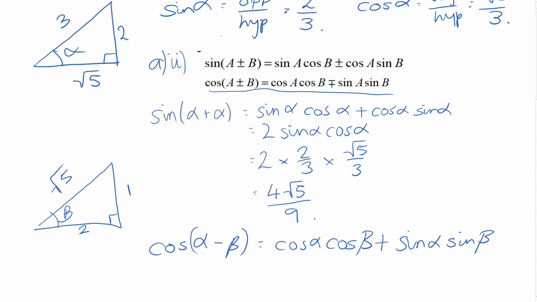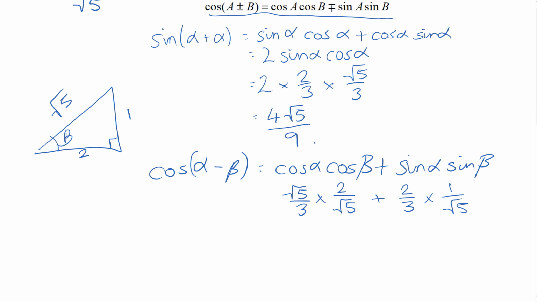So each of these things are exact values that we can now find. So cos of alpha we've already got from the previous part of the question is root 5/3. Now that's being times by cos of beta. Now cos of beta is going to be cos, which is adjacent over hypotenuse, so 2 over root 5. And we're adding to that sine of alpha, which we've got from the previous part, 2/3, and we're multiplying that by sine of beta. Now sine is 1 over root 5.